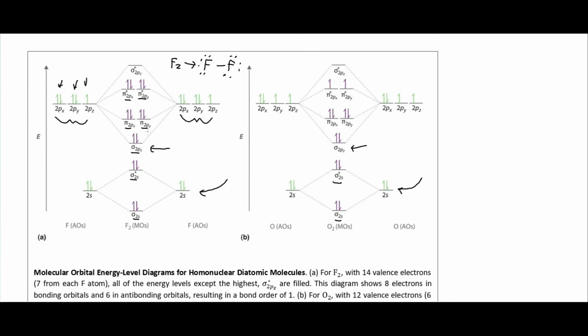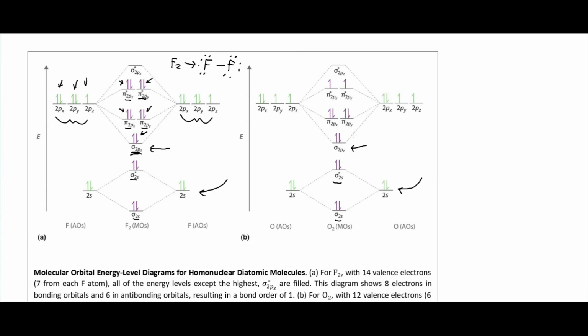We have 2, 4, 6, 8, and 10 here, and we just have to fill those up starting from the lowest energy to the highest energy. Whatever has bonding and antibonding filled, those cancel each other out. And so we only have this sigma bond here from the 2pz in our diatomic fluorine.